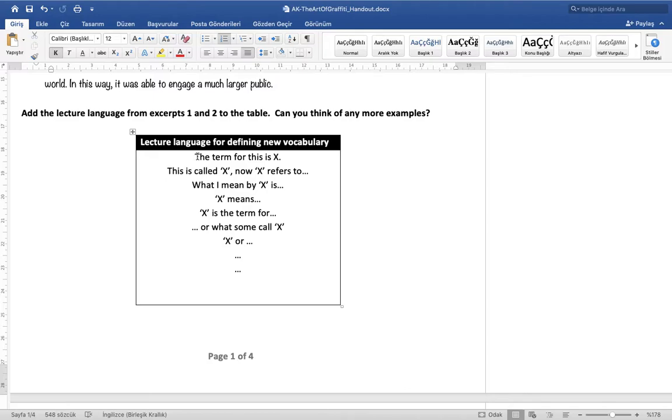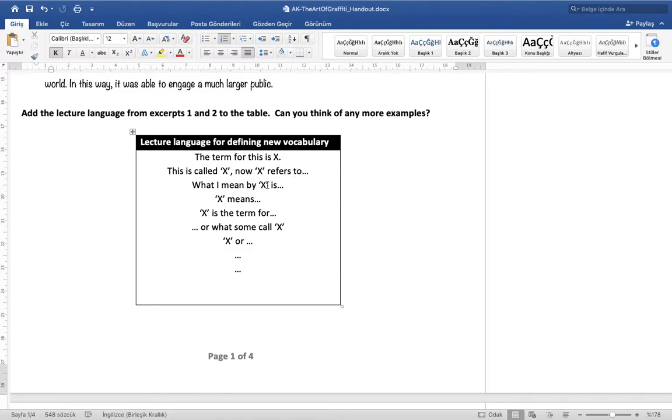For example, the term for this is blah blah blah. This is called blah blah blah. Now X refers to. So if you see one of these expressions, it means that the speaker is going to define something.